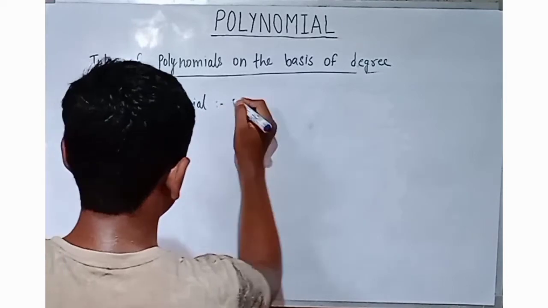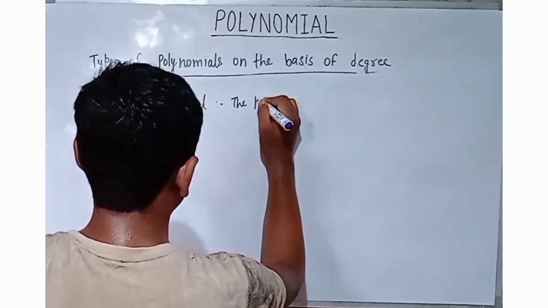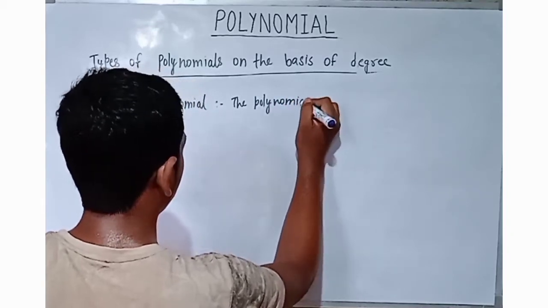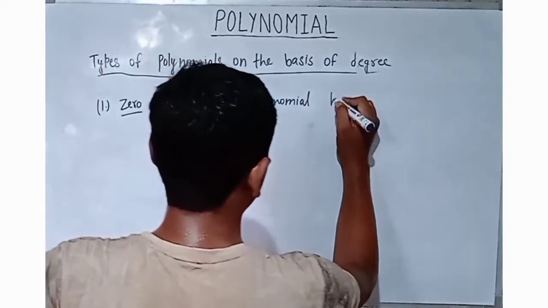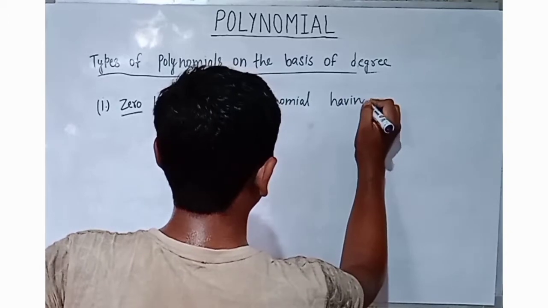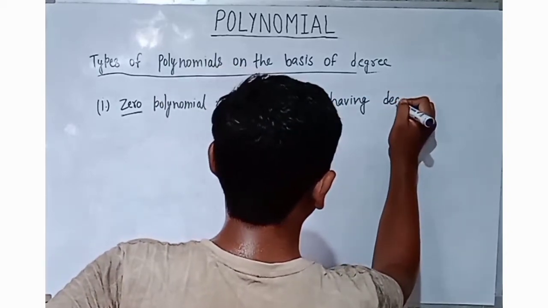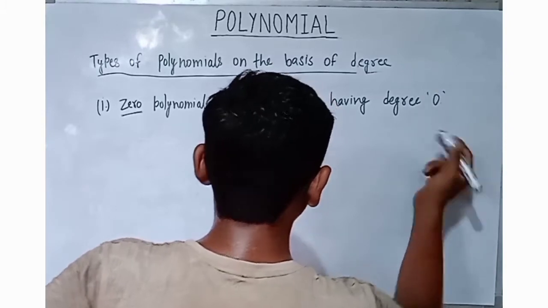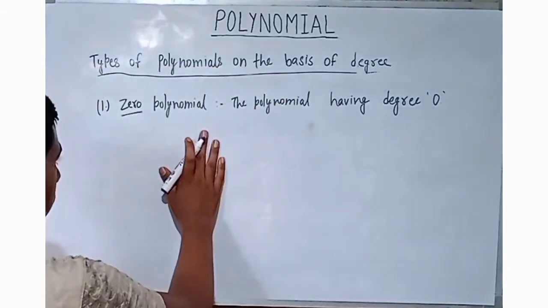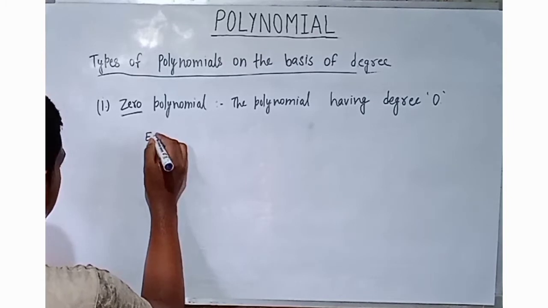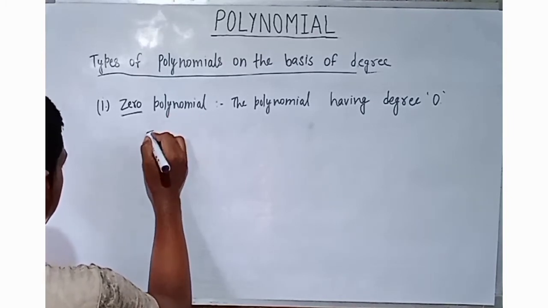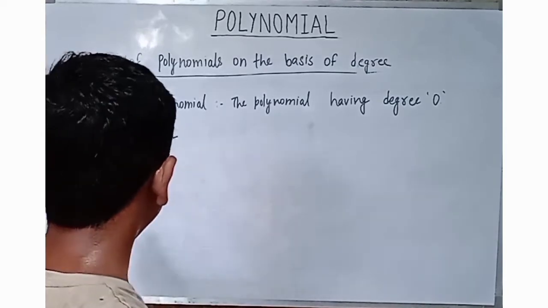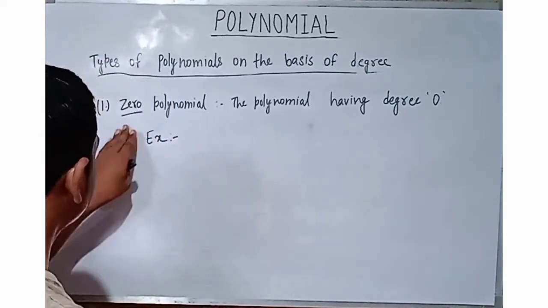I am writing here the polynomial having degree 0. Okay, having degree 0, then it will be zero polynomial. For example, all the constant terms, or say all the real numbers, are zero polynomial.